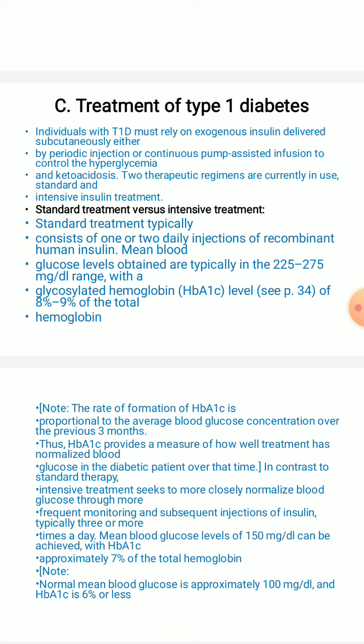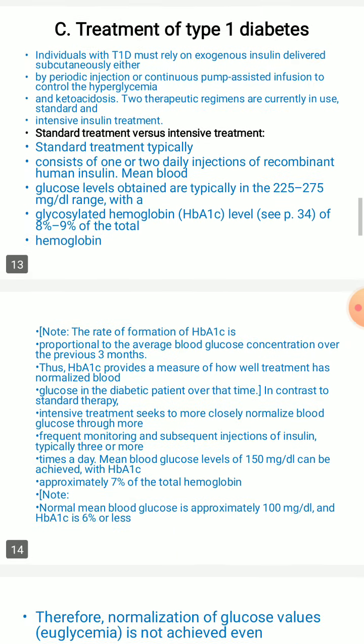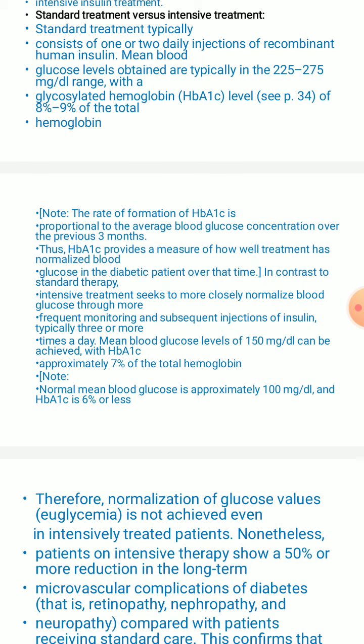That gives you the mean blood glucose level, that is HbA1c, which is 8 to 9% of the total if the patient has 225 to 275 mg per deciliter. This HbA1c provides a measure of how well the treatment has normalized the blood glucose concentration in the diabetic patient over time.